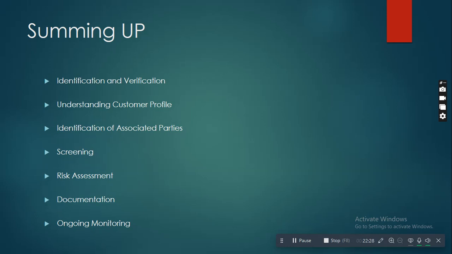After the documentation phase is over, we go ahead with the ongoing monitoring, where reviews are done on the clients existing with us or any new clients that have been onboarded. We monitor them based on the guidelines set by international as well as local regulations and the organizational policies. So this is what the elements of corporate KYC are.